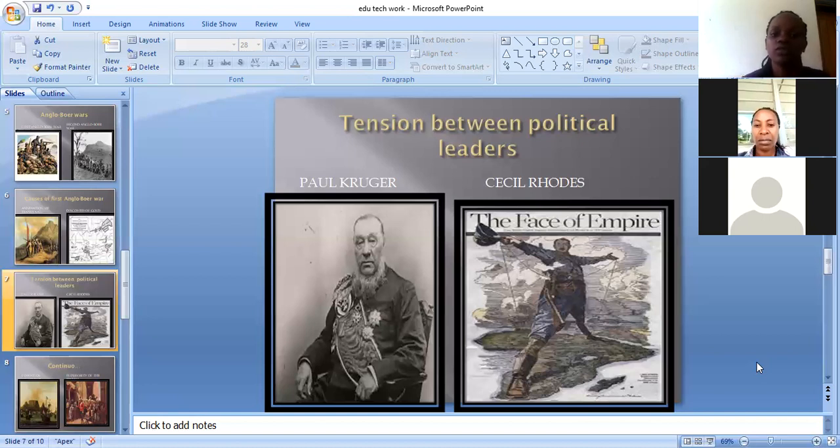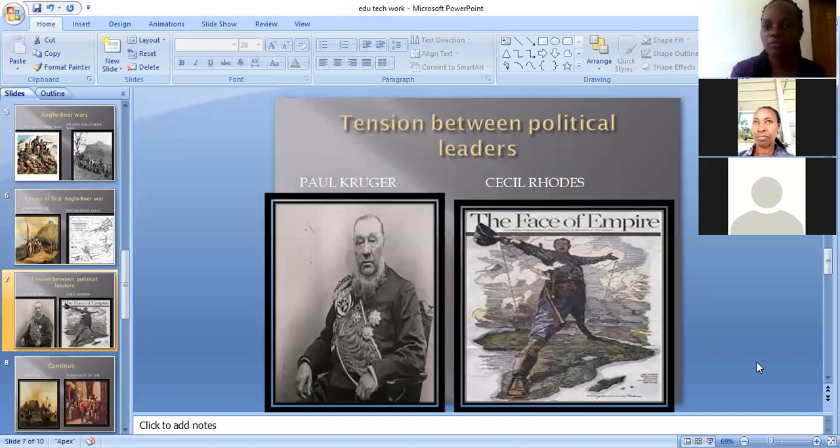The tension between these two spread to the members of the two groups, the British and the Boers, meaning that their leaders also led to the First Anglo-Boer War.